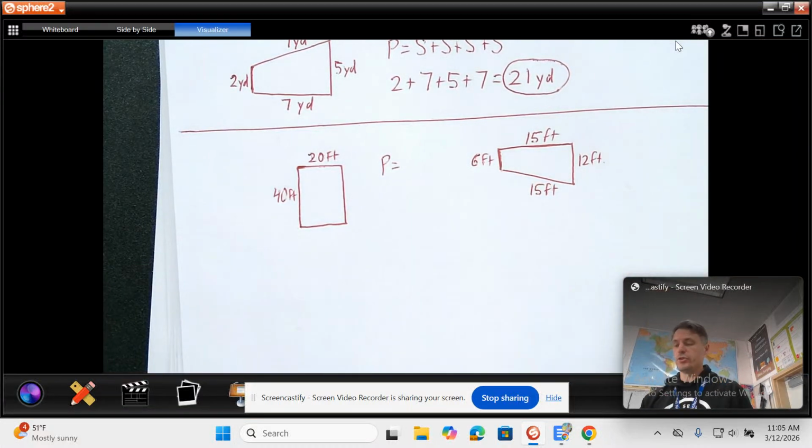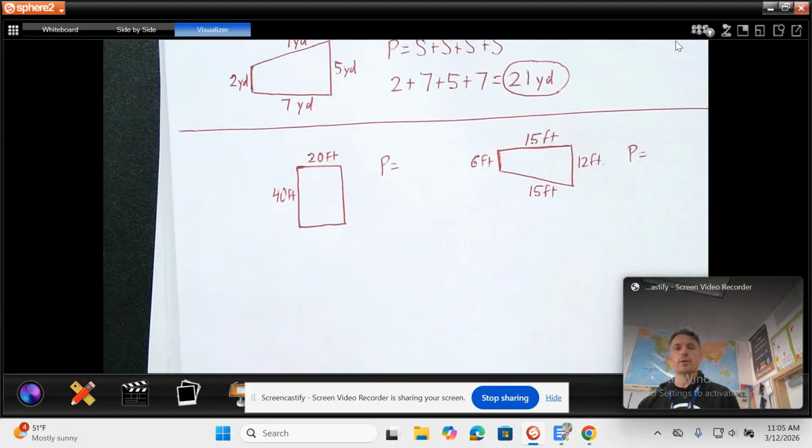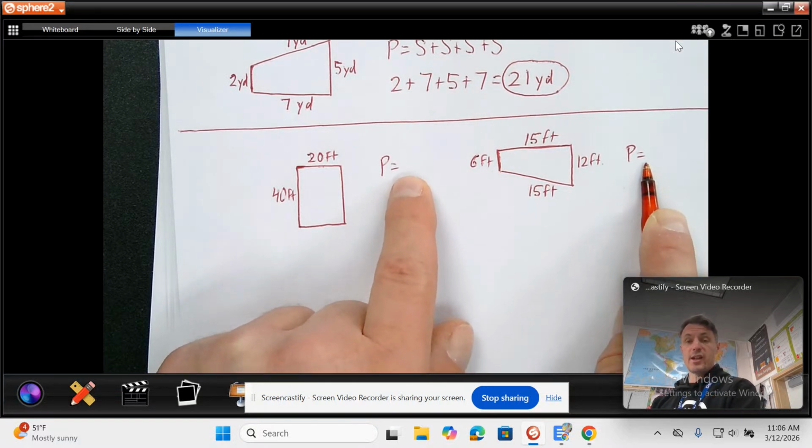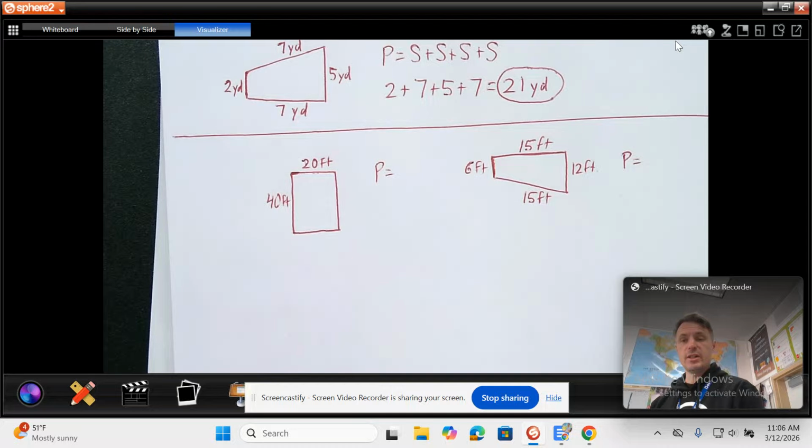Go ahead and solve those 2 independently, find the perimeter for both, and as soon as you're finished, press pause on the video, solve them both, and then when you're finished, press play again to see if you did them correctly.